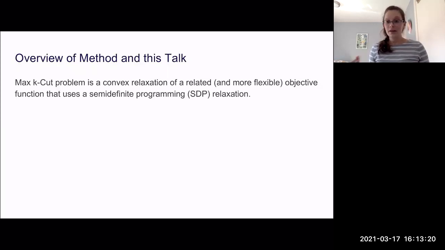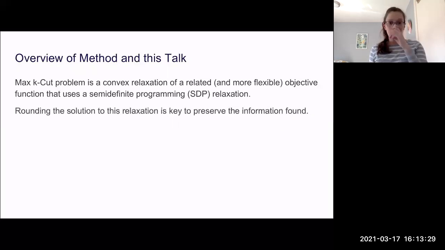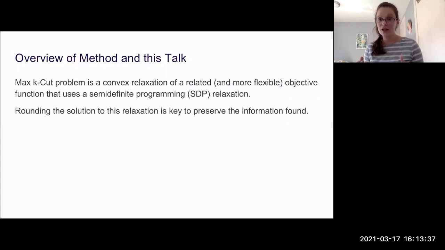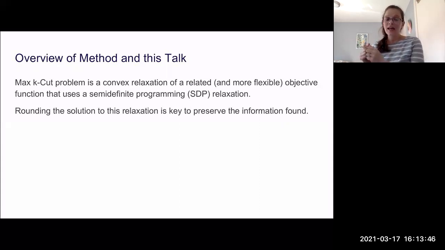In particular, the semi-definite program I'm going to use is called the max k-cut semi-definite program. The reason that it's so useful to have this convex relaxation is that this is a very powerful relaxation, in that it maintains a lot of the information from our original problem. The solution that we get out maintains a lot of information about which points we want to put into the same cluster, even though it's not going to actually correspond to an exact clustering in most cases.